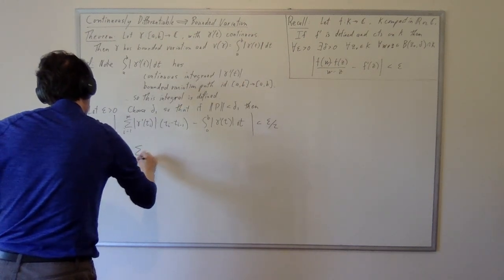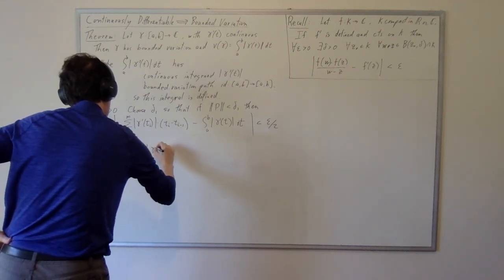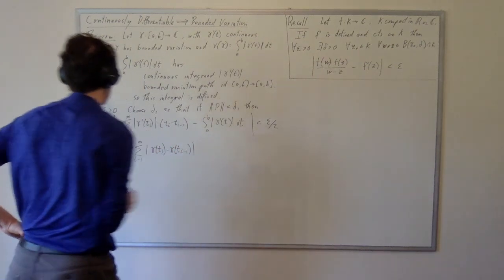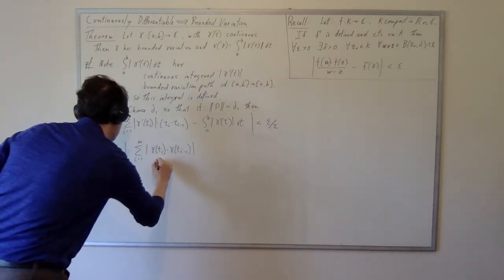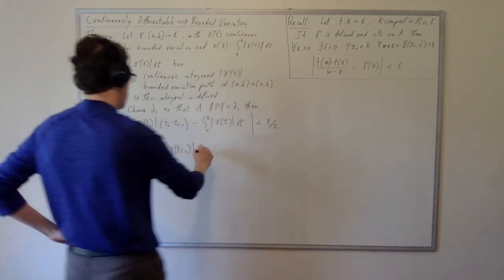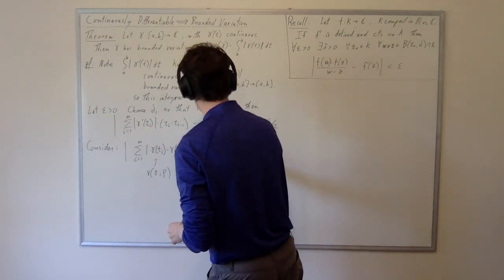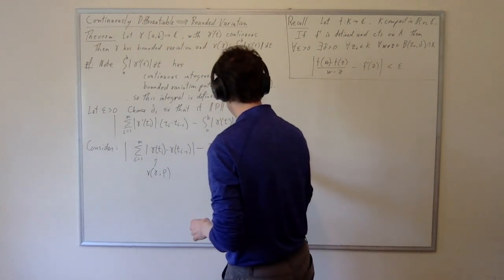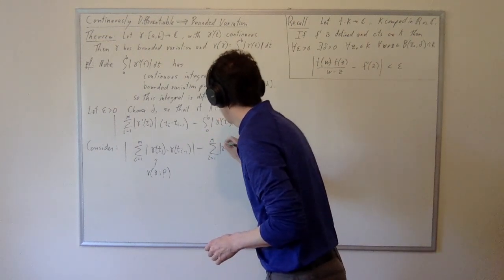That is the summation i equals 1 to m of modulus gamma t_i minus gamma t_{i-1}. So that's V gamma subject to p. And then I'm going to subtract from this just this exact term, the summation of gamma prime of tau i times t_i minus t_{i-1}. And then I get modulus around that summation, i equals 1 to m.